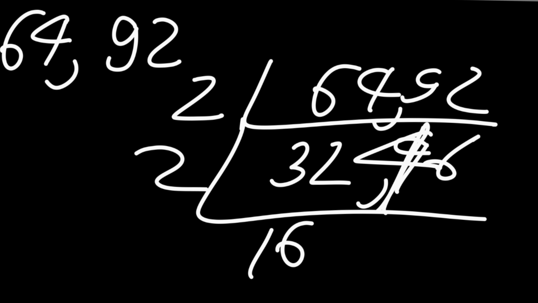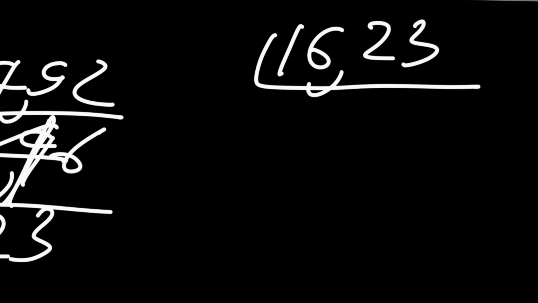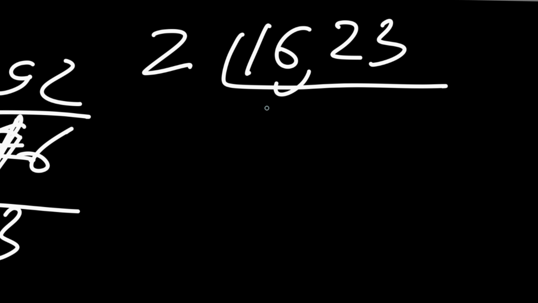This is 46, sorry. 2 into 23 is 46. That's why a calculator is so needed. If you cannot do a head calculation in your mind, a calculator makes doing this much easier.